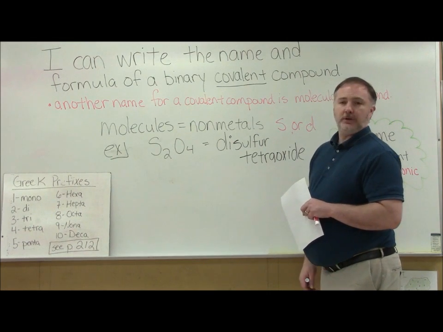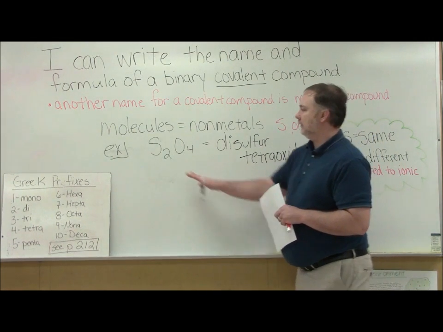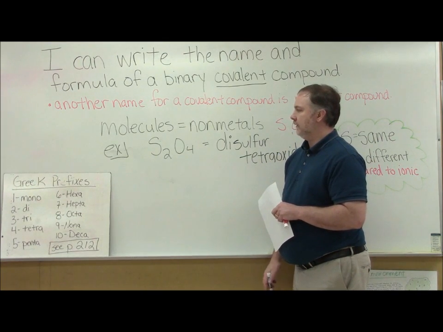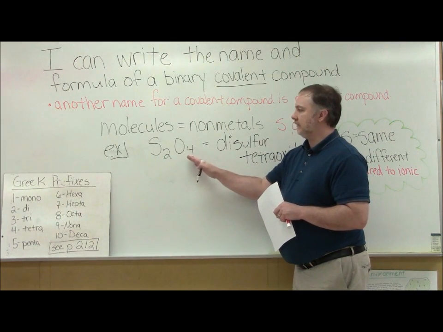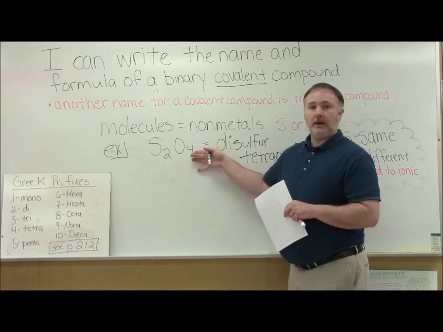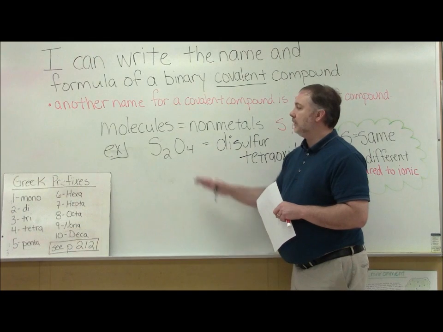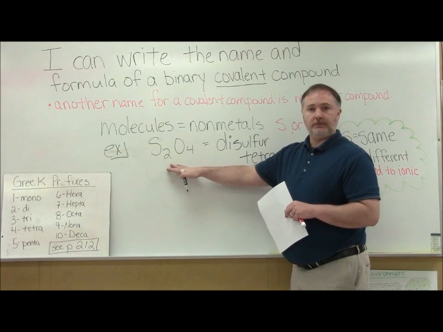Now the last rule I'm going to give you about these, notice here I have a 2 and a 4. 2 sulfurs, 4 oxygens. The actual molecule has 2 sulfurs, 4 oxygens. You cannot reduce this when doing the formulas.